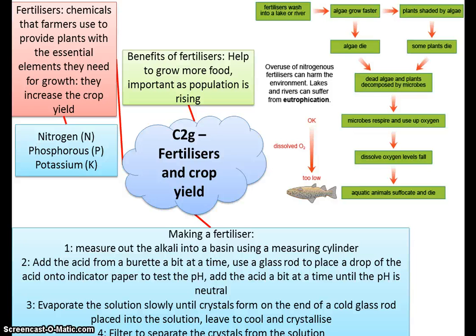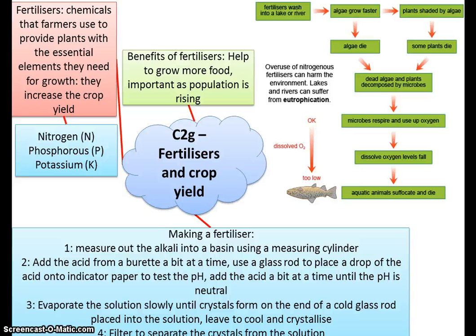Then you use a long glass tube with a little tap on the bottom, called a burette, and you fill that with acid, taking a note of where the line comes to. Then you turn the tap at the bottom and drop the acid into the alkali, one drop at a time, until your solution becomes neutral.